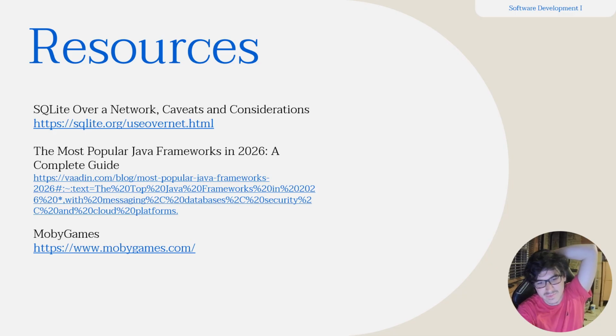Now Vaadin recommends using Vaadin, so I don't know if that's a little bit biased, but I also looked a bit outside of there, at some random posts, and it seems to be recommended. And then Moby Games is very similar to what I was working on here. I found it while I was working on this. I thought that was an interesting resource because it's very similar to this project. So that's inspiration that could be important for later.